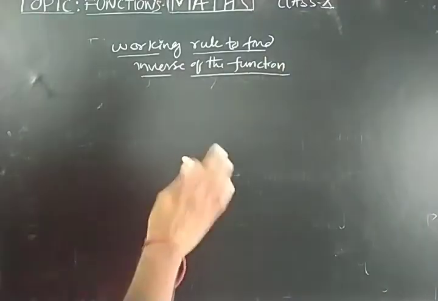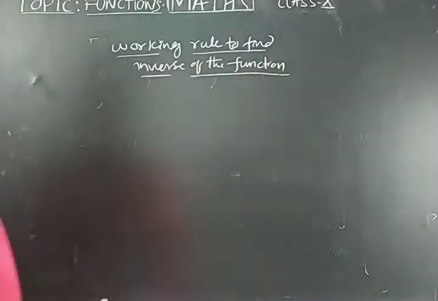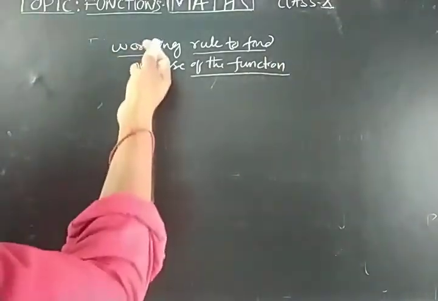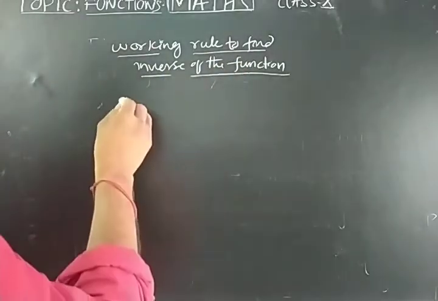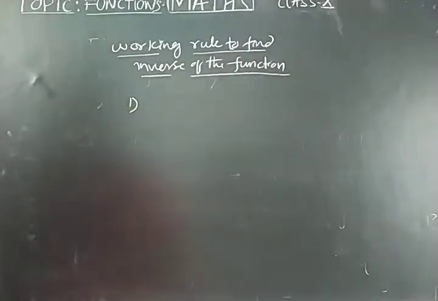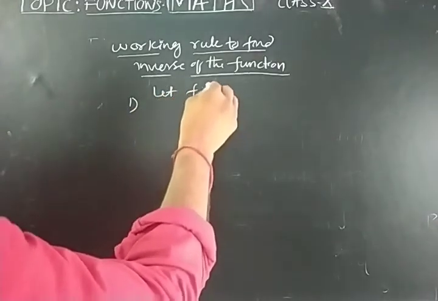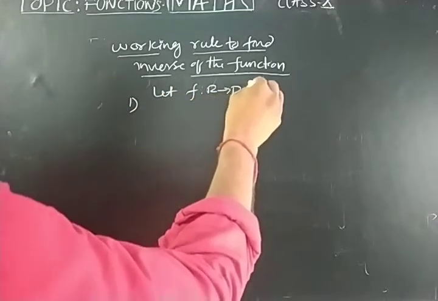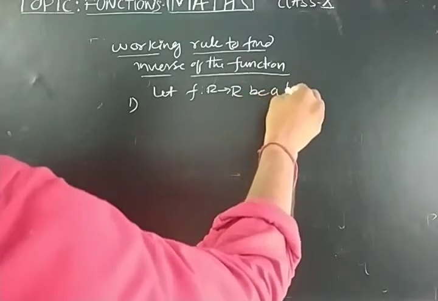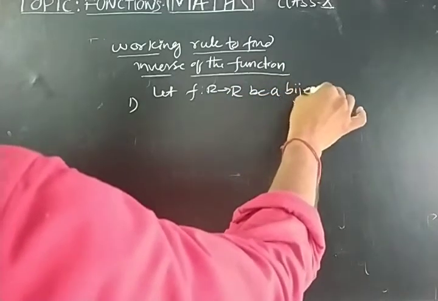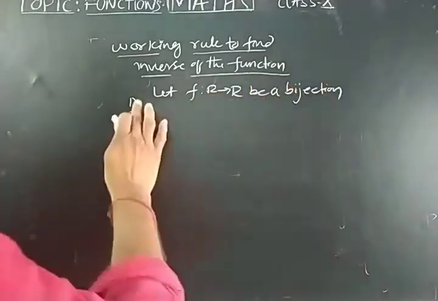Only if the function is a bijection does the inverse exist. Suppose we have a function f from R to R that is a bijection. Then only we can find the inverse.